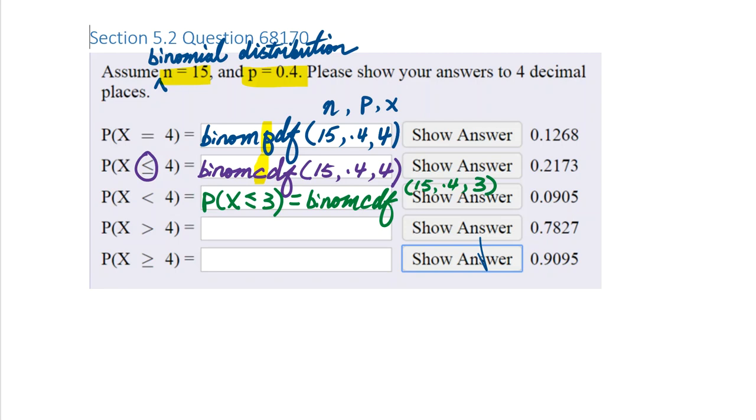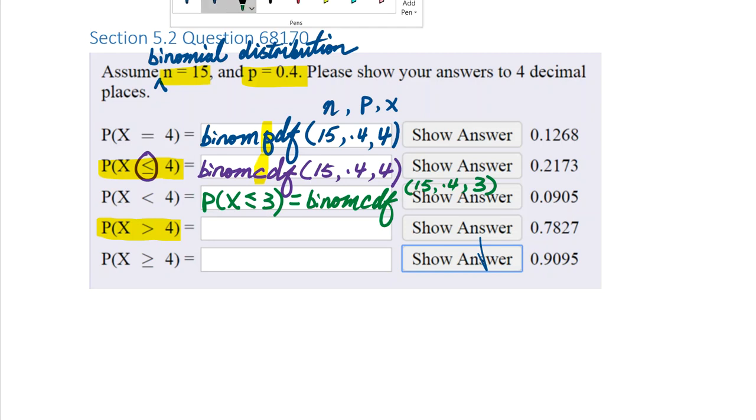Let's notice the difference between this inequality and this inequality: they are the opposite of each other. The inequalities point in different directions. One has equality and the other does not. They are the complement of each other.